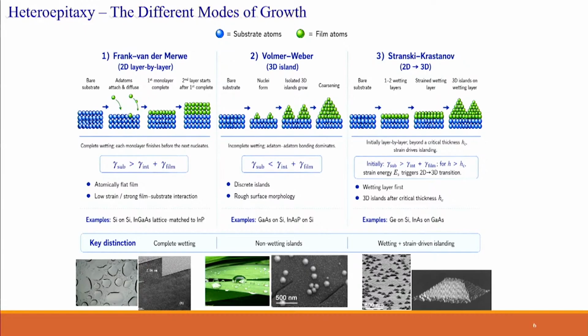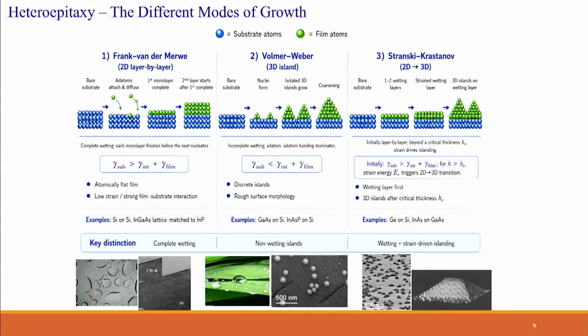So we are creating a new surface, that of the epilayer with air, and there is an interface between the substrate and epilayer. So this is the new surface, that is the interface. If this new surface energy configuration is smaller than the previous one, this is where a film wets the surface, like water spreading and wetting a surface. This is conducive for 2D layer by layer growth.